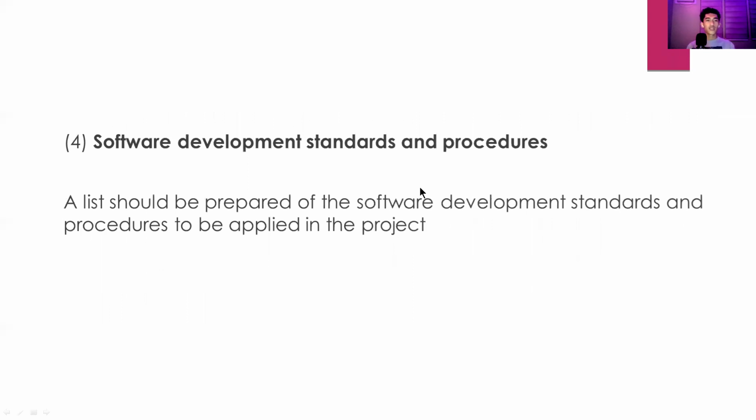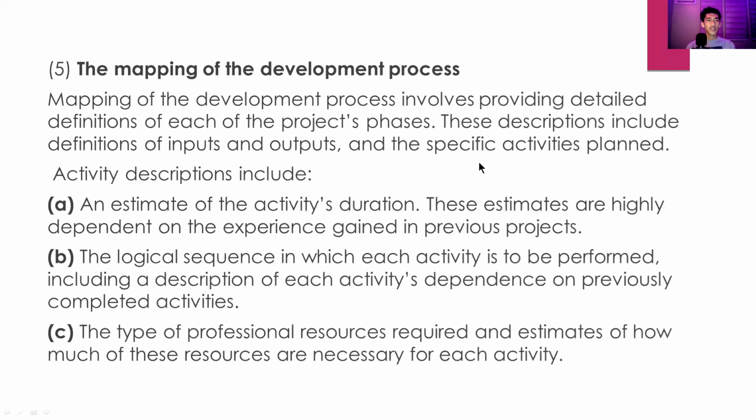Fourth is software development standards and procedures. A list should be prepared of the software development standards and procedures to be applied in the project. Fifth is the mapping of the development process.